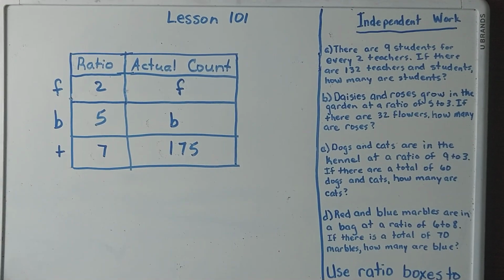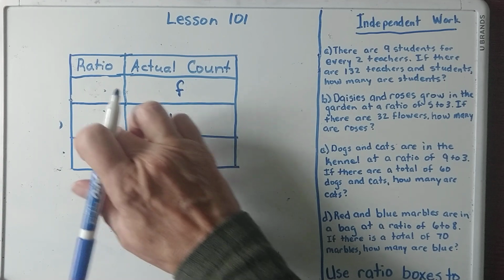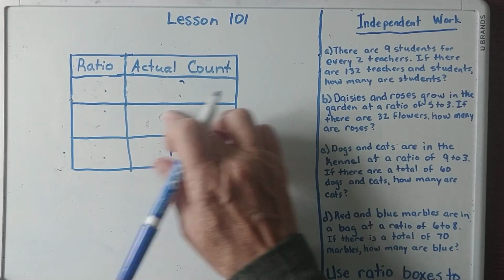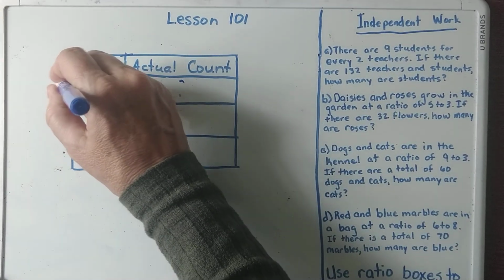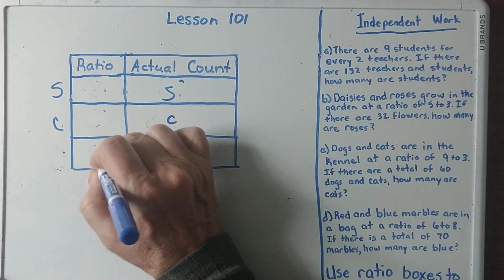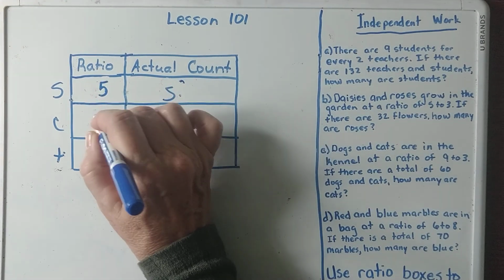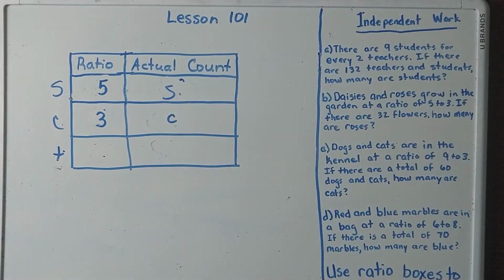Okay, let's go ahead and do one more. All right, sparrows and crows perched on the wire in the ratio of 5 to 3.